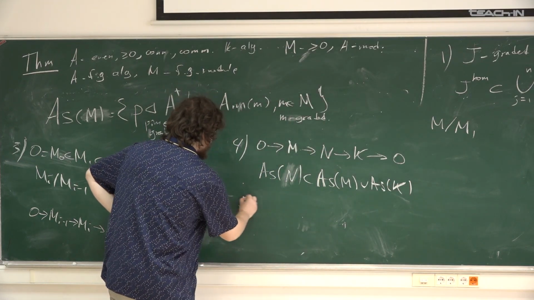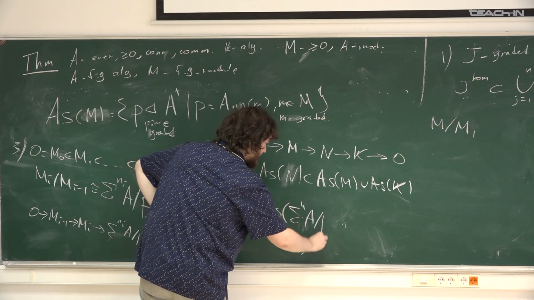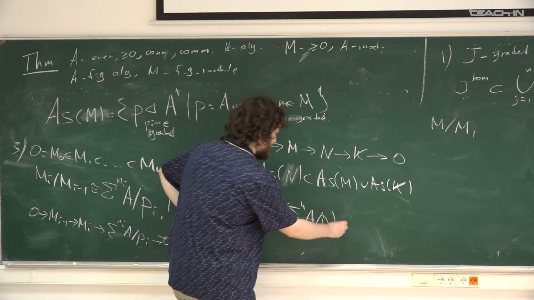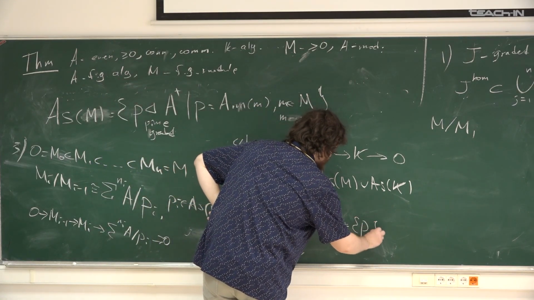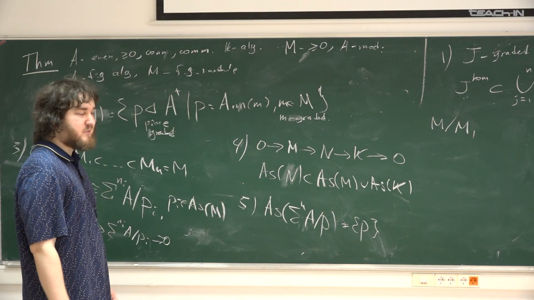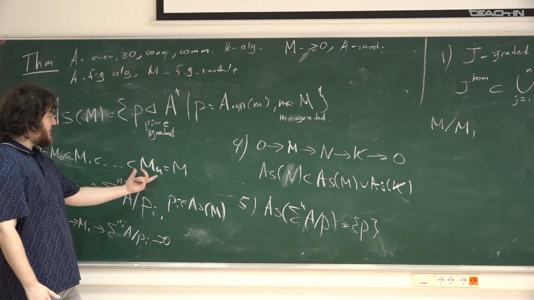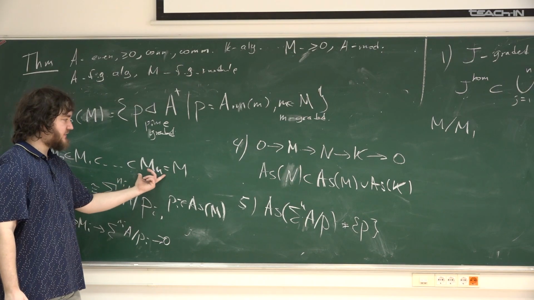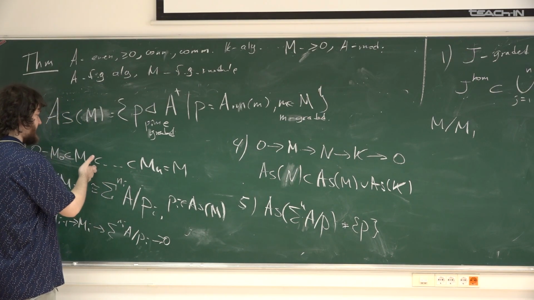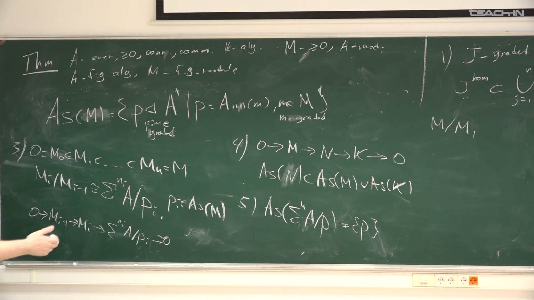And fifth step: the associated primes of A modulo P, where P is prime. What is it? It's P itself. It's only P. So from these two lemmas, by induction from this short exact sequence, we obtain that the set of associated primes of M itself is just some subset of the associated primes which exist in this chain complex, or in this filtration.